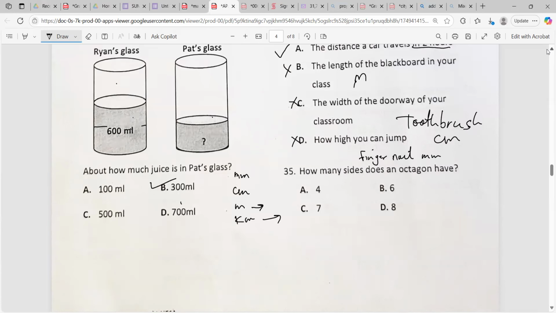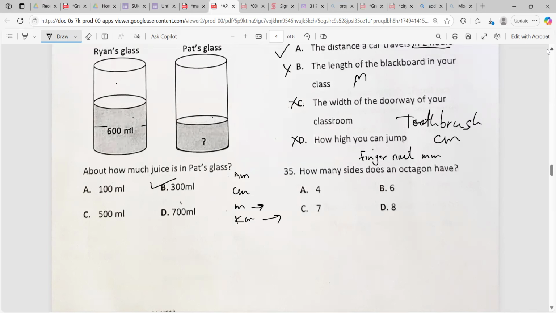When you measure the classroom board, it's length as well. When you measure how high you jump, it's length as well. So all four is length, but it's the unit that matches it. The smaller the thing you're measuring, the smaller the unit you should use, so it will be more accurate. All right.